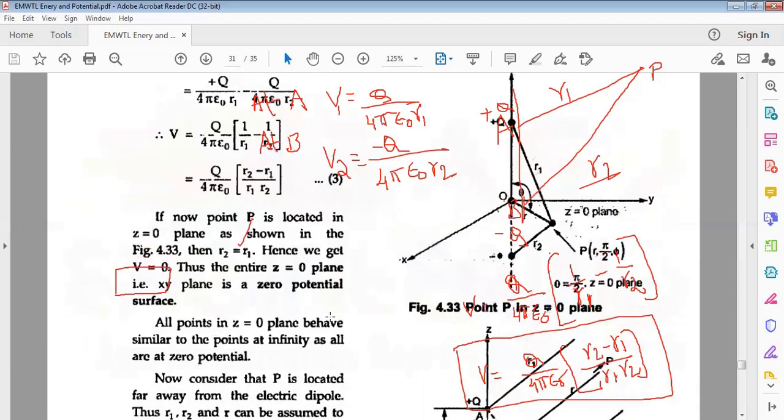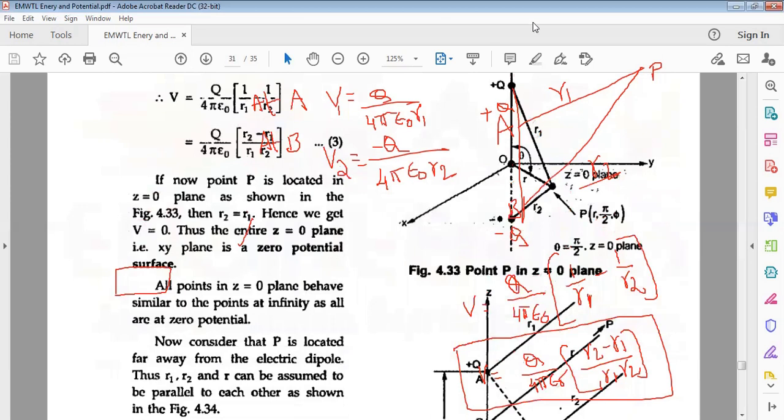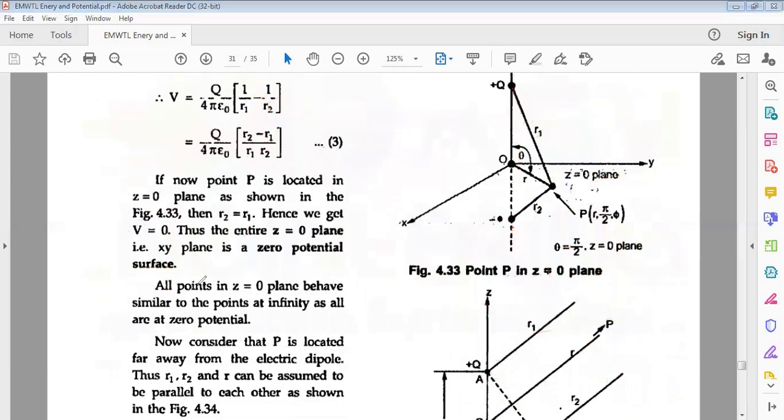All the points in the Z is equal to 0 plane behave similar to the points at infinity, as well as all are at zero potential. Now you can see here, the point P in the Z is equal to 0 plane has R1 equal to R2.